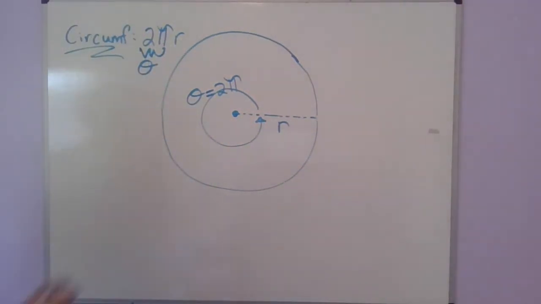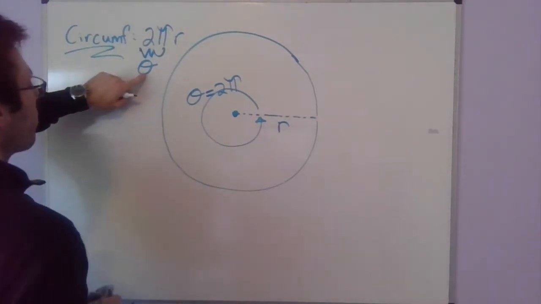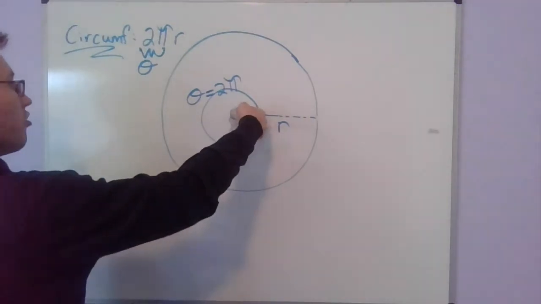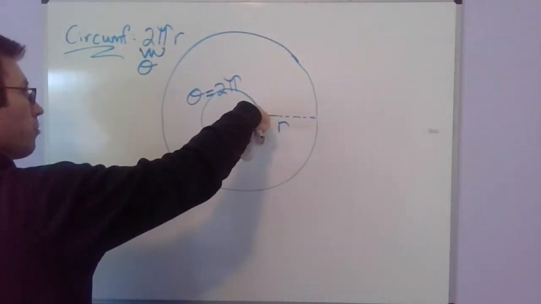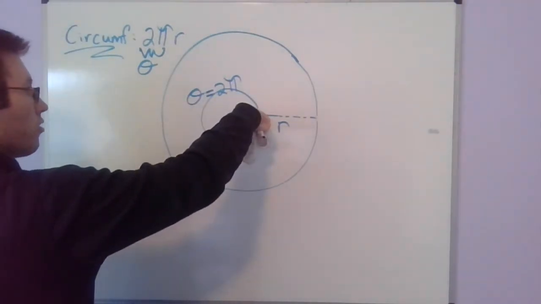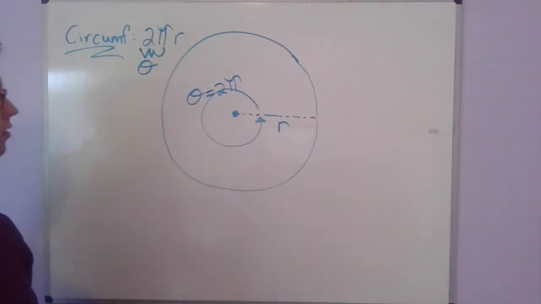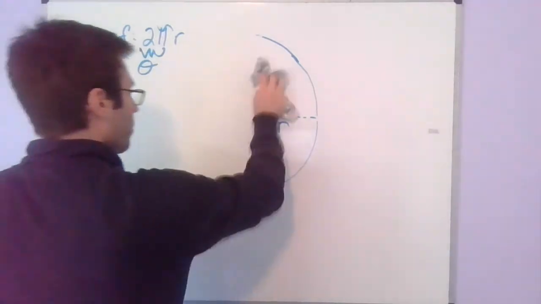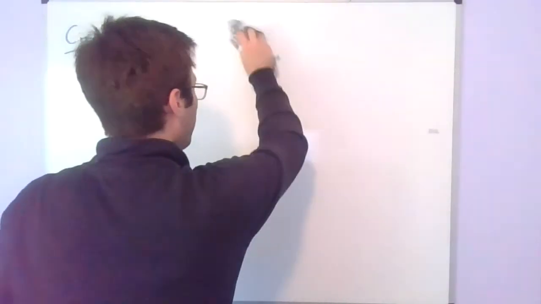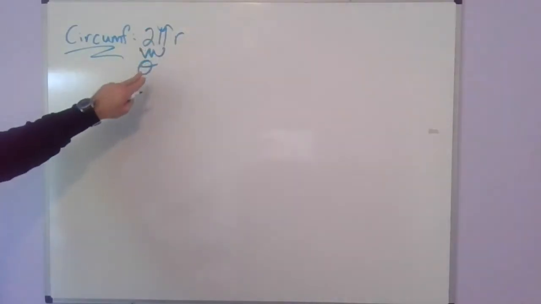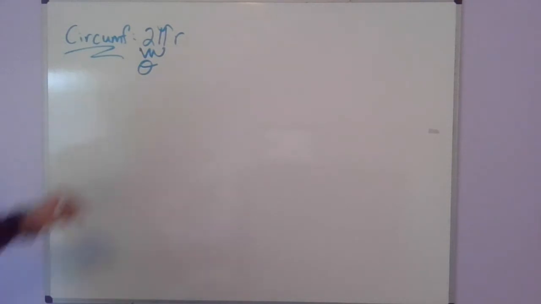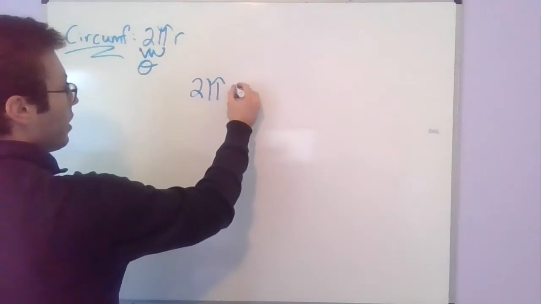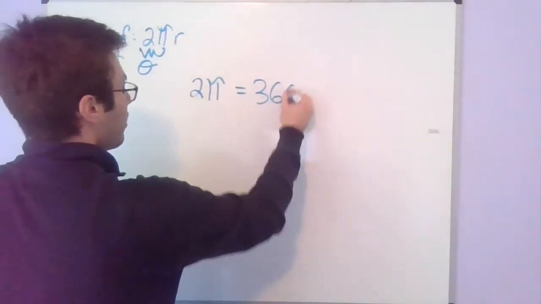Now, this is interesting though, because if we consider theta to just be like 2 pi, we have this relationship with this measurement going around the entire circle and degrees. So a lot of times we'll think of degrees and this theta value, 2 pi, as equal to 360 degrees.